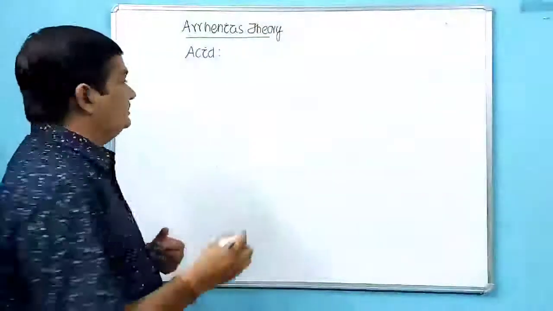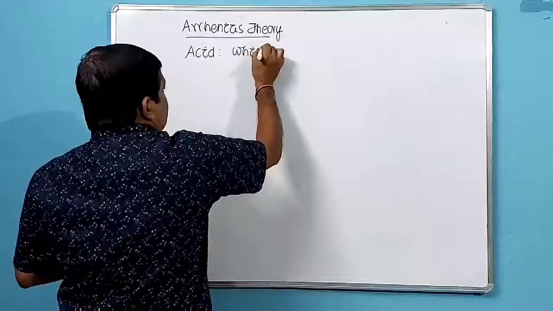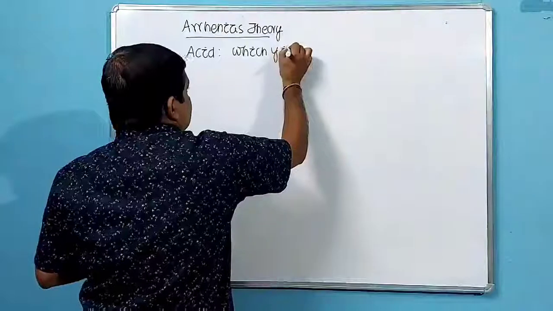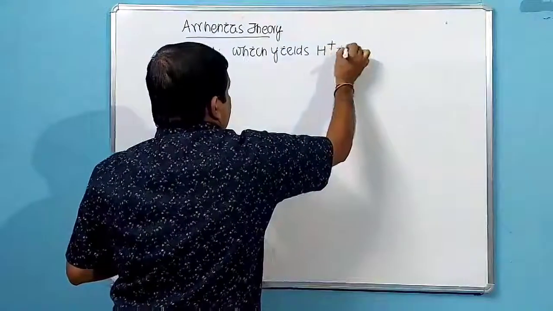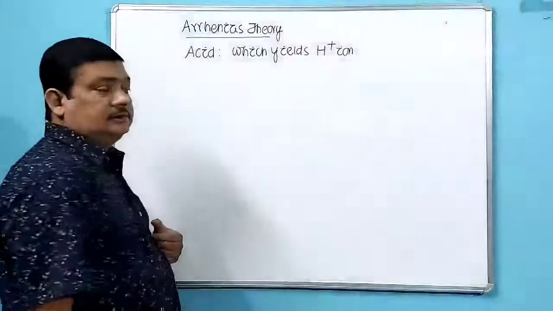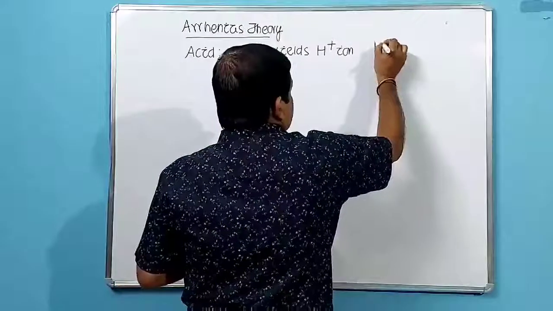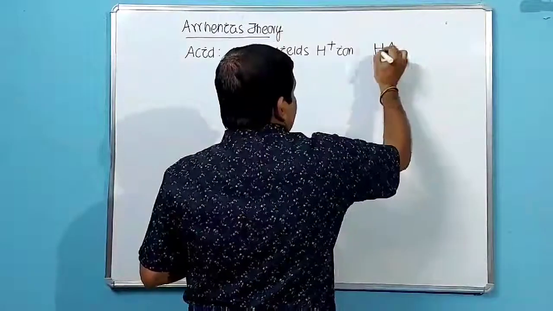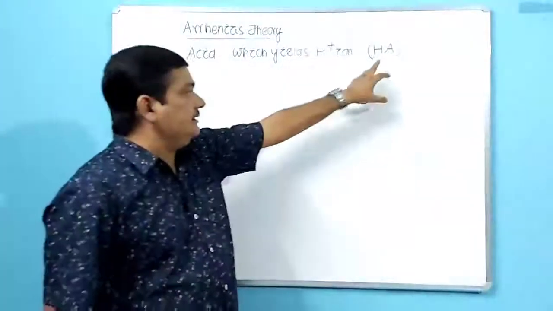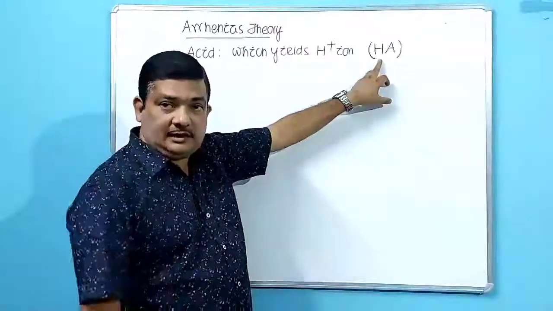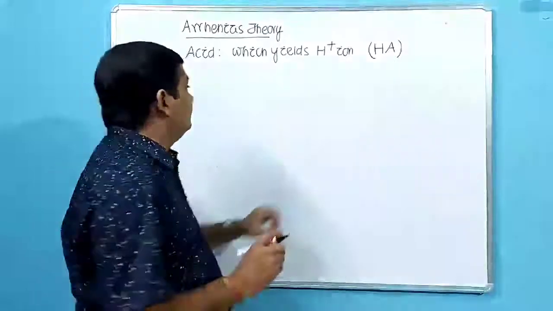An acid yields H plus ion in aqueous medium. So normally we write acid as H for hydrogen, A for acid. So how to write an acid normally? HA. That means H for hydrogen because an acid releases hydrogen, and A for acid.